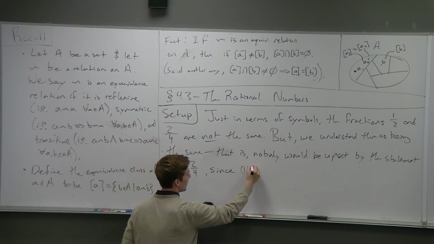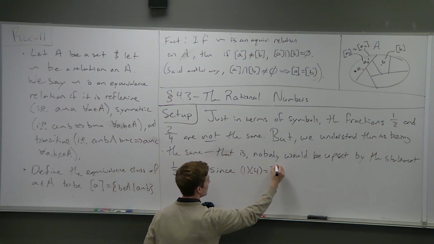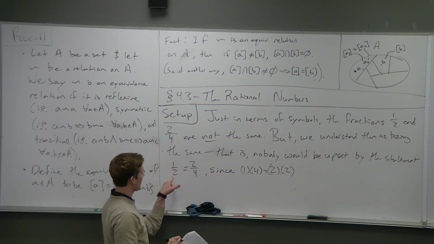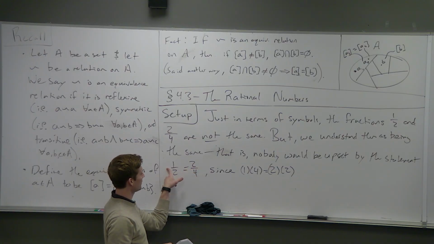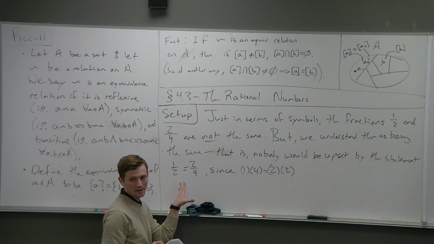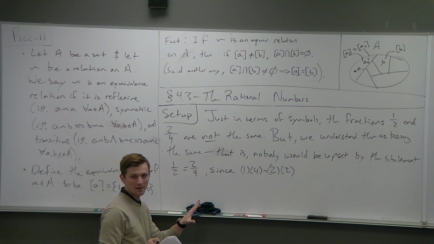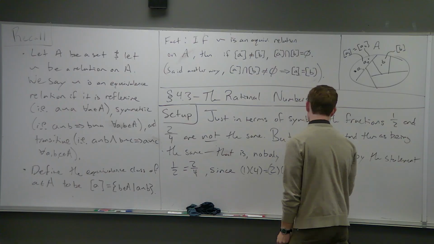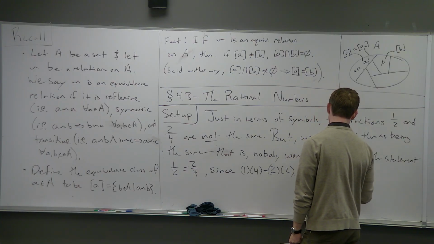Since 1 times 4 is equal to 2 times 2. You agree with that? If I multiply both sides by 2, and both sides by 4, I can get rid of all the denominators and just turn it into a nice statement about integers. Okay. So what's going on?